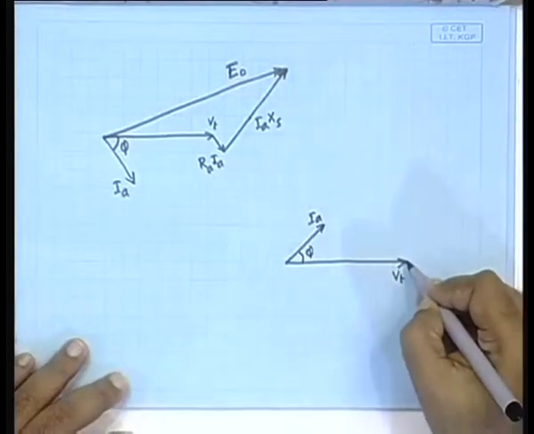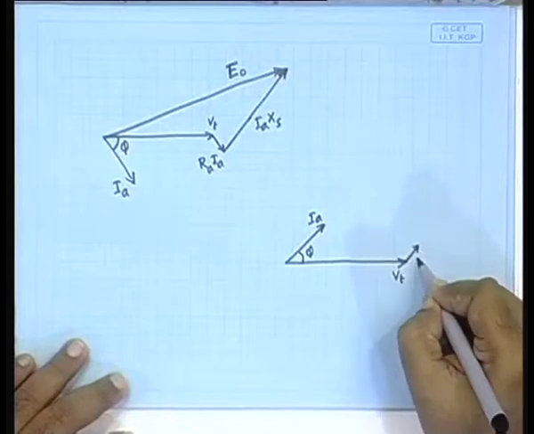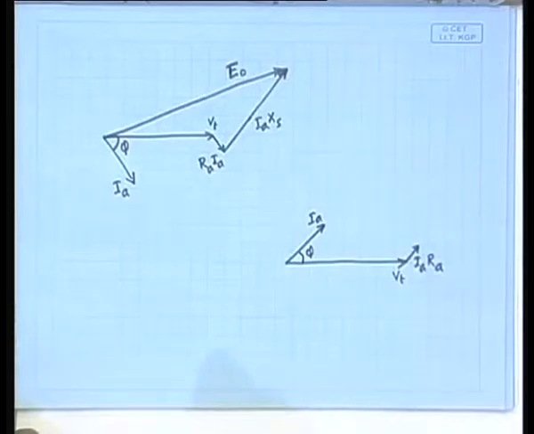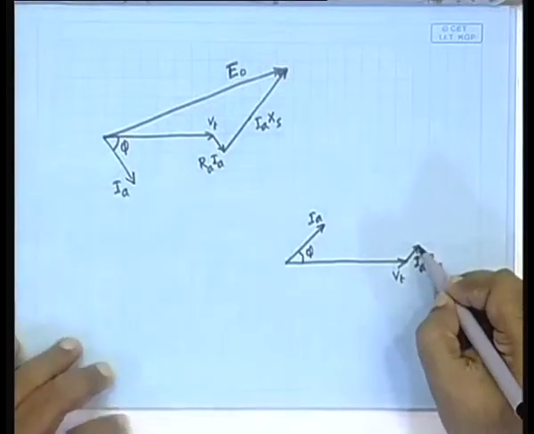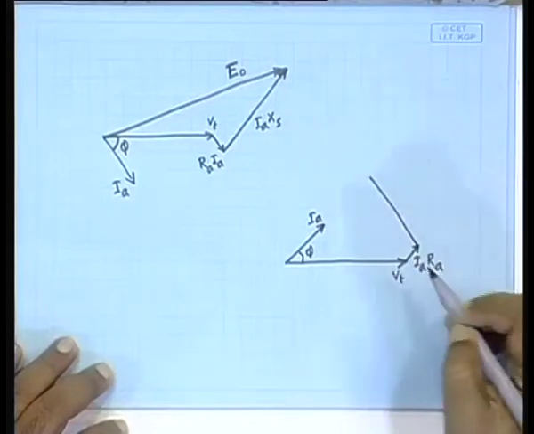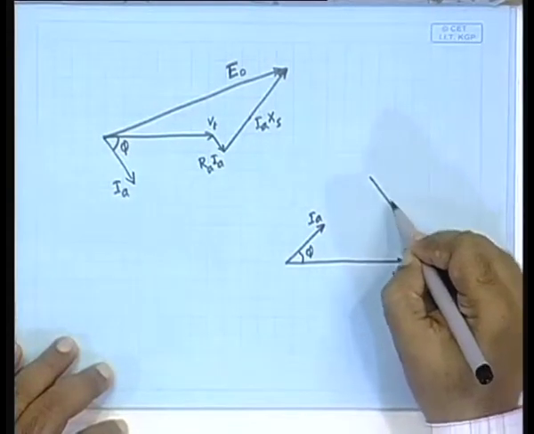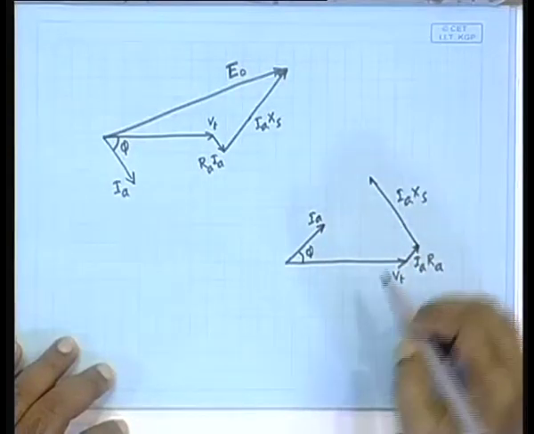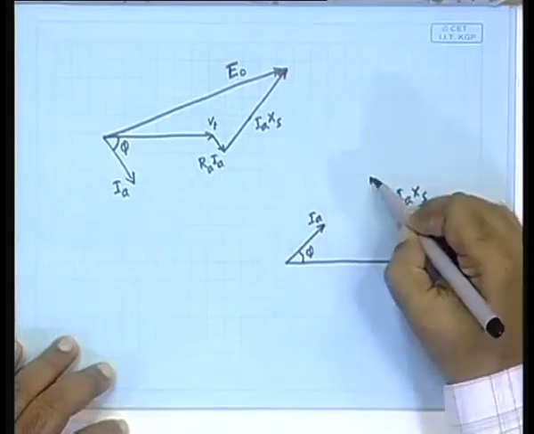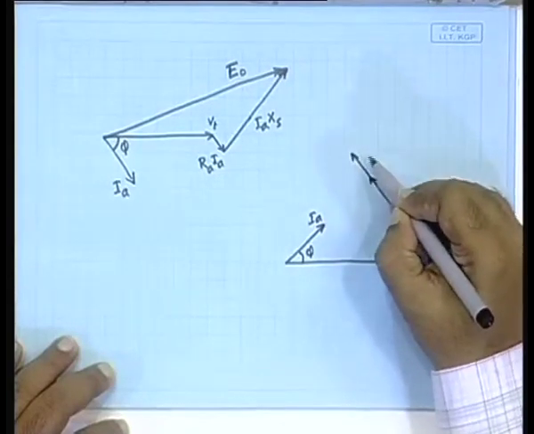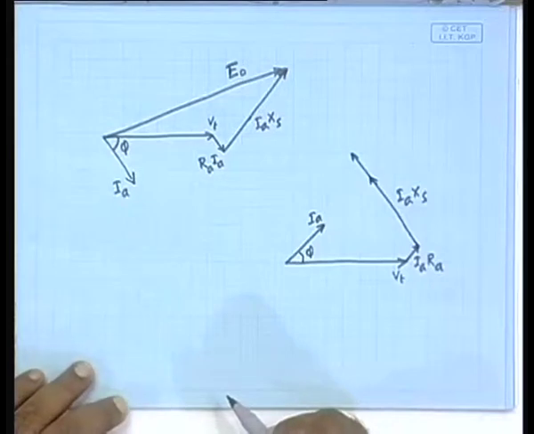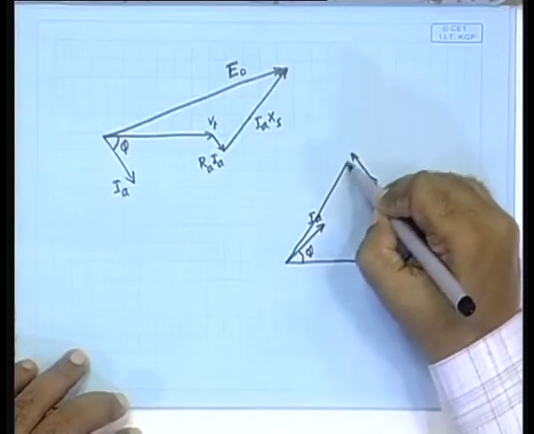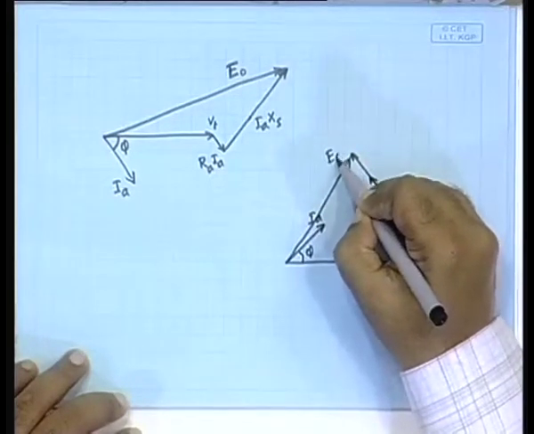If it is a leading power factor load, you have the I_a R_a in the same direction, and the I_a X_s will be like this. I will draw it a little longer, because then it will not intersect with this. Okay. And then what will be the generated voltage? It will be this.